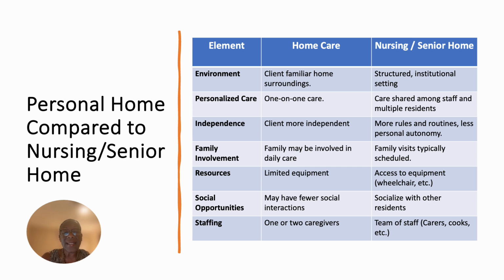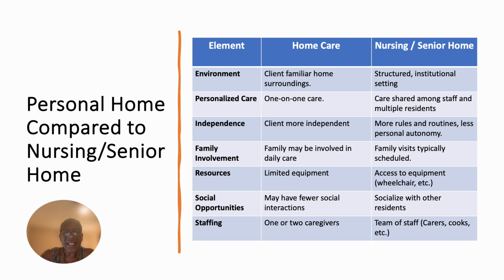Regarding resources, in the home, equipment may be limited, whereas in a nursing or senior home, you may have access to equipment such as wheelchairs, and you may have a hospital type bed where you can elevate up and down or even elevate the heads, and other specialized equipment for moving and transferring the clients.